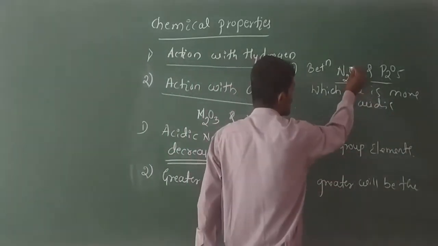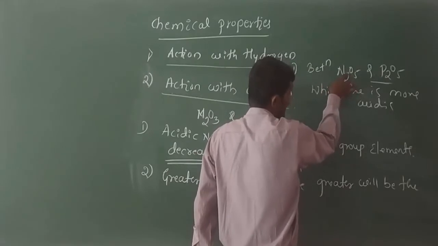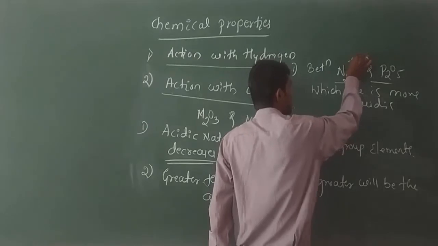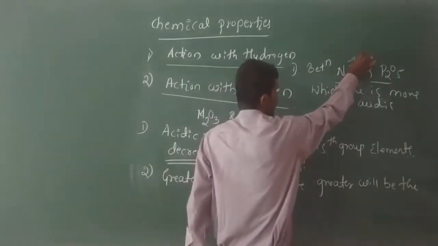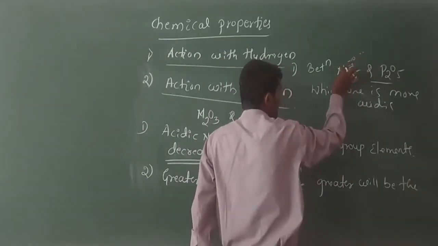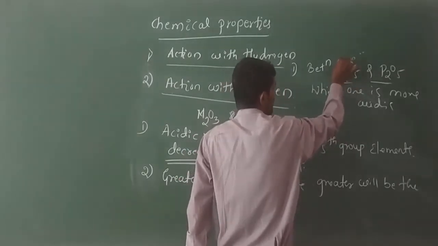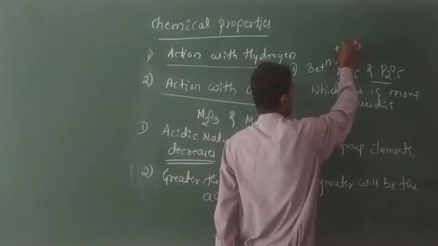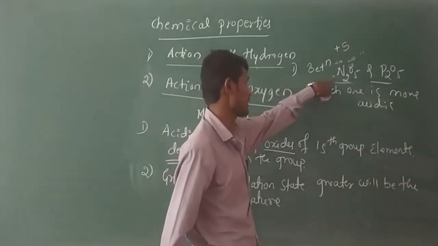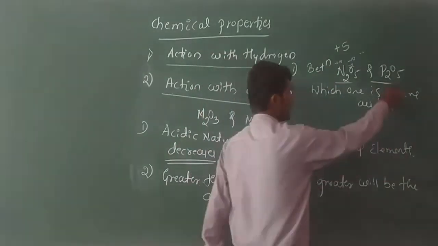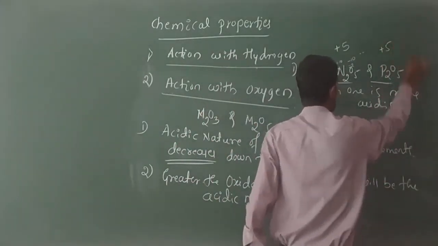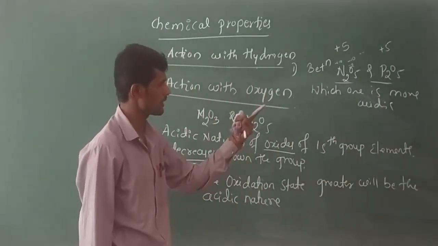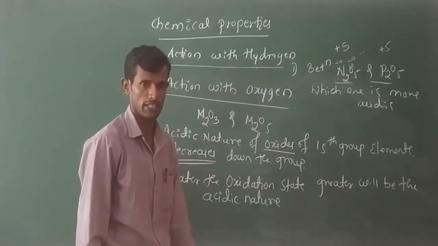In N2O5, oxygen is minus 2, 5 into minus 2 is minus 10, and overall equal to 0, so N2 is plus 10, but the oxidation state of one nitrogen is plus 5. Similarly, phosphorus also has plus 5 oxidation state. Both compounds have plus 5 oxidation state.